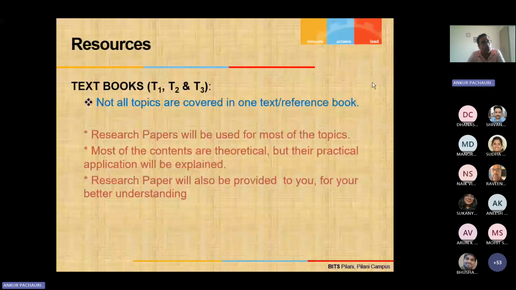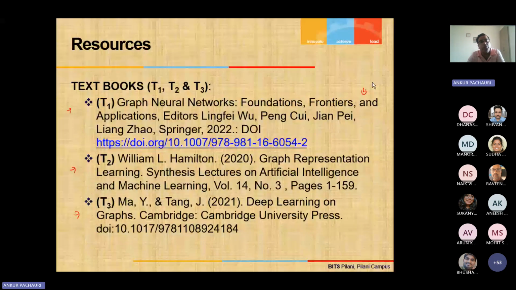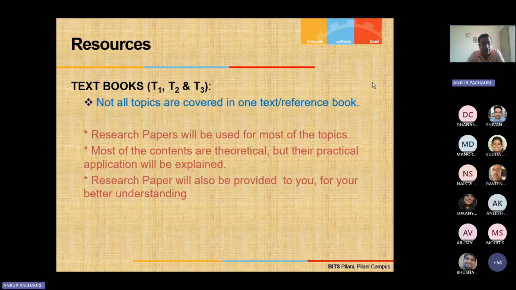Not all topics are covered in one textbook. One thing more: the first two mentioned, although listed under the heading of book, are not books. They are collections of survey papers, which talk about many things in a concise manner.